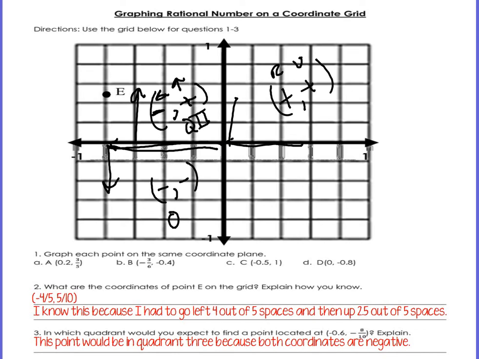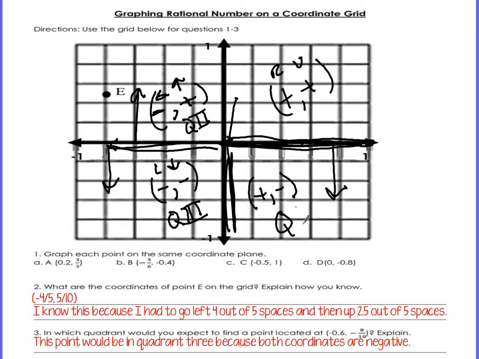So quadrant 3 is going to be negative, negative, because you're going left and down. Quadrant 4, you're going to the right, but then you're going down. So it's going to be a positive and then a negative, because it's positive on the x-axis or the horizontal number line, then it's negative on the vertical number line, and that's always going to land you in quadrant 4.